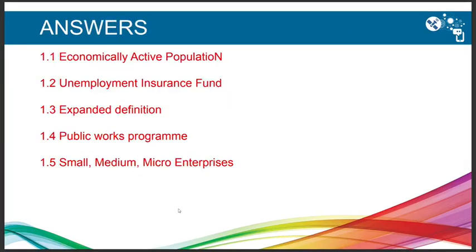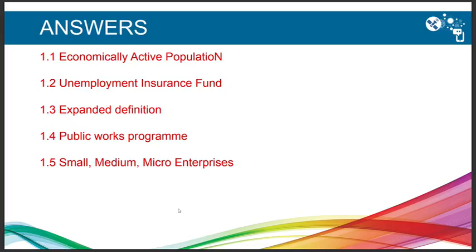Right. The first one obviously refers to your economically active population. Now, if you answered EAP, that would not be marked, because it says no acronyms, no abbreviations. The 1.2, once again, unemployment insurance fund, you've got to write it out in full.